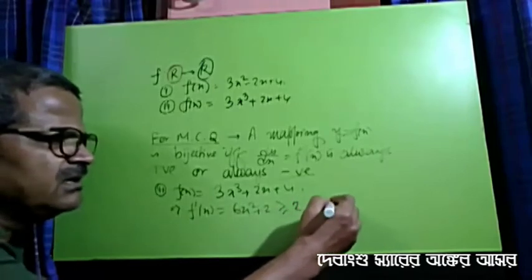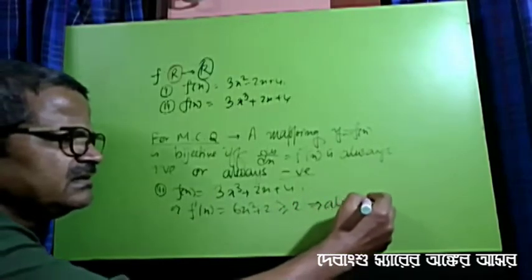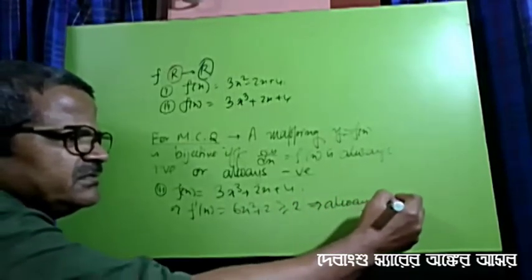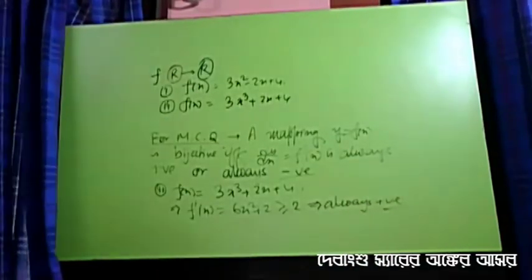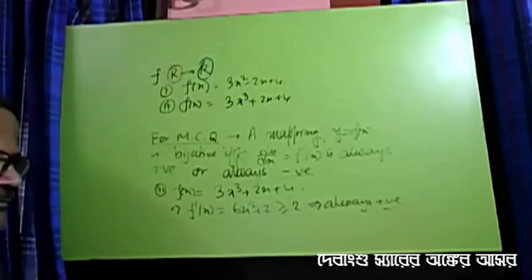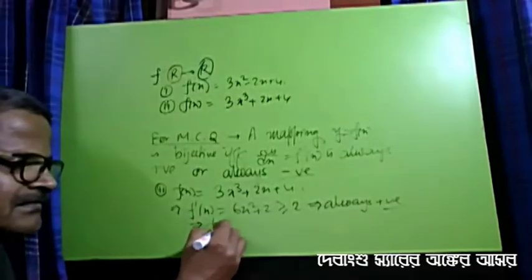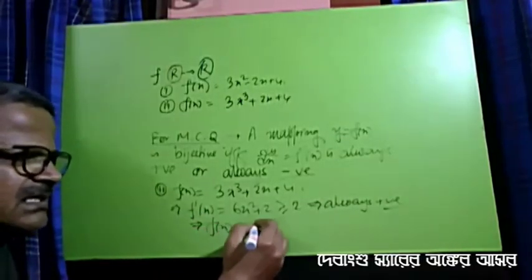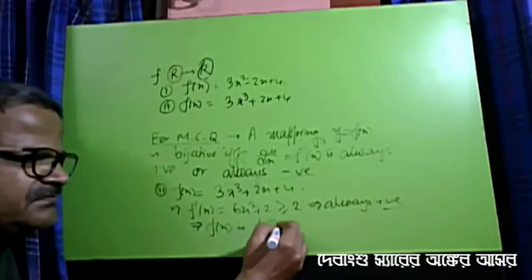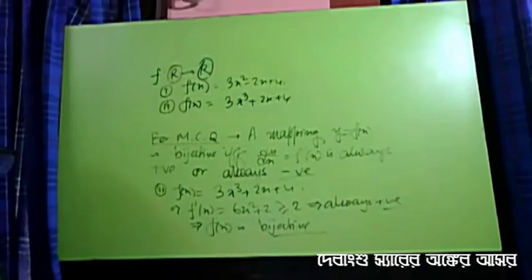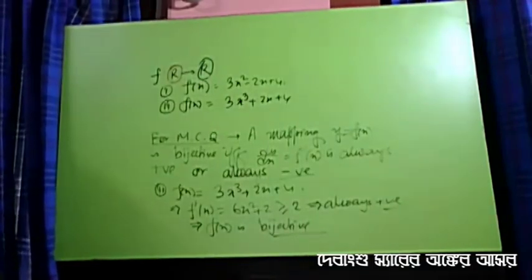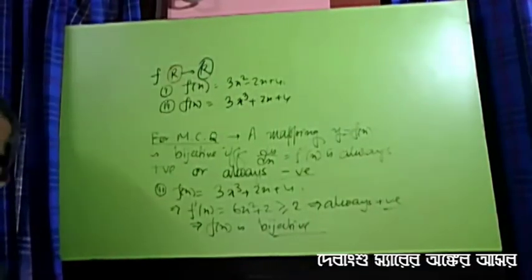That implies always positive. It cannot be negative. That implies f(x) is bijective. Clear?